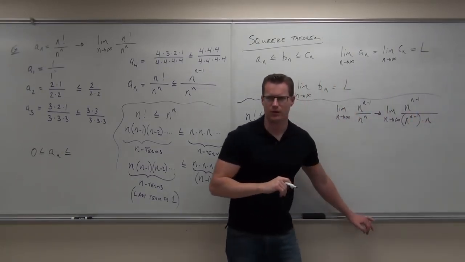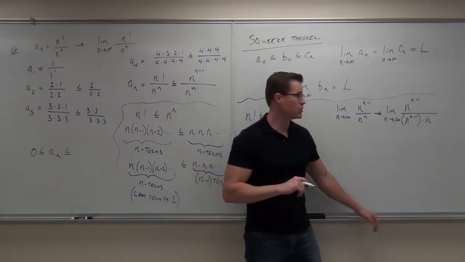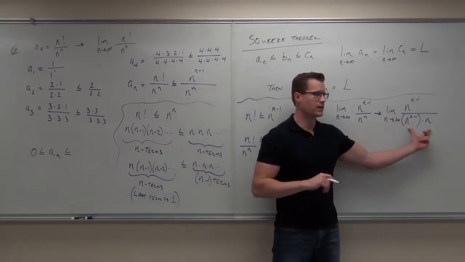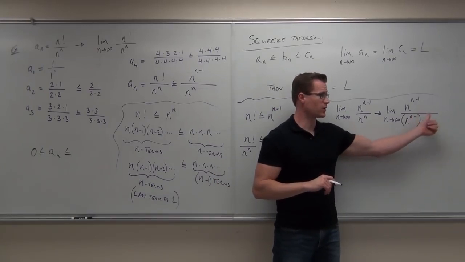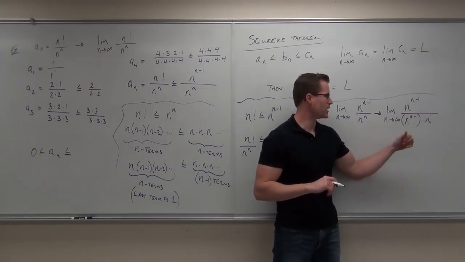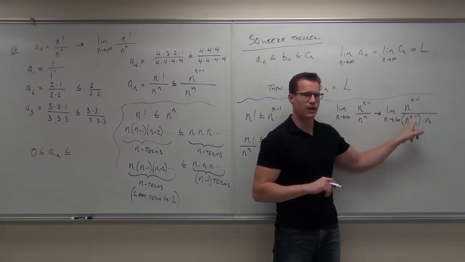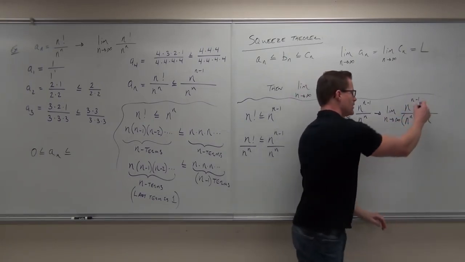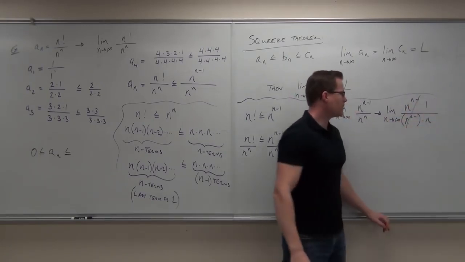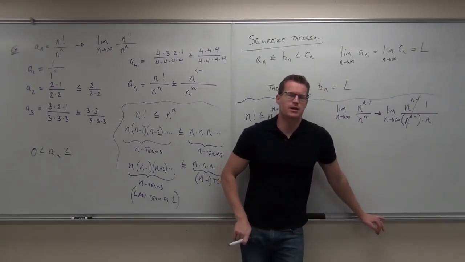Do you buy into that one? What do you do when you multiply common bases? You add the exponents. What's n minus 1 plus 1? Hey, this is true then. What's n to the n minus 1 over n to the n minus 1? This is gone. You get 1. How much is the limit of 1 over n as n approaches infinity? 0. That's 0.